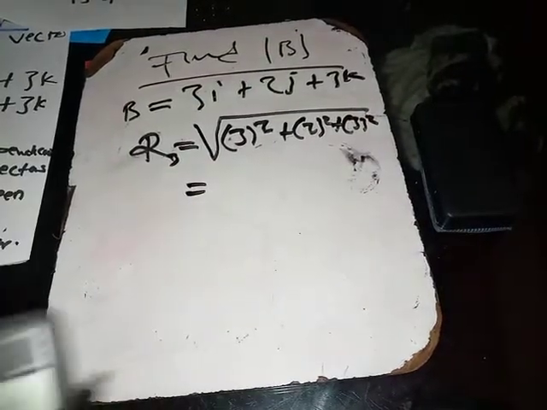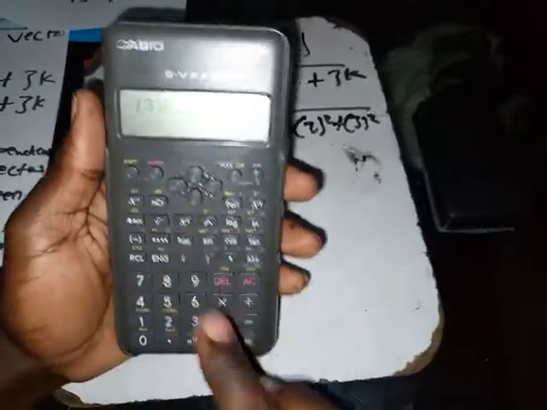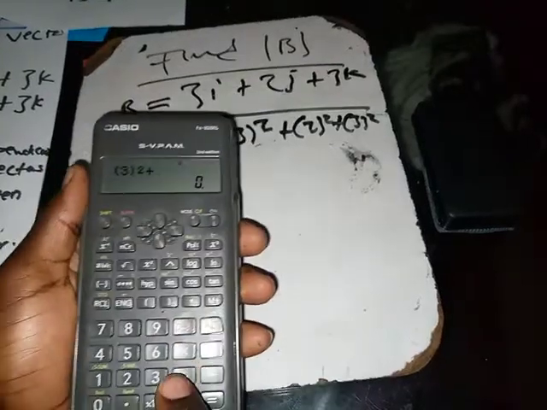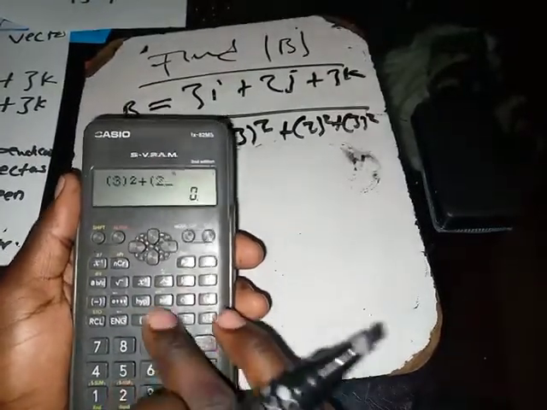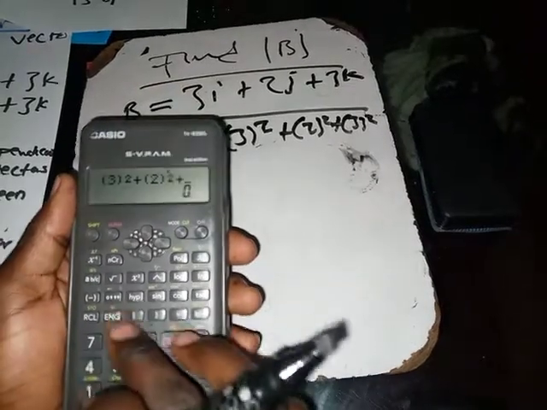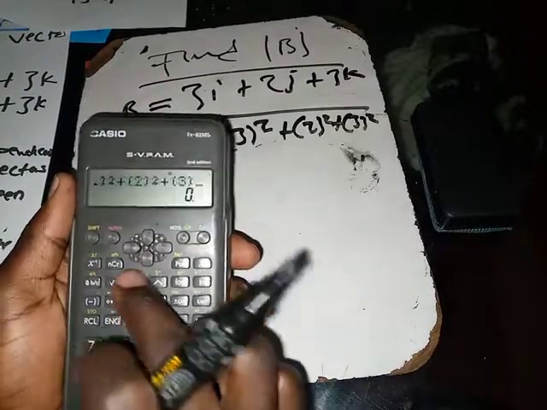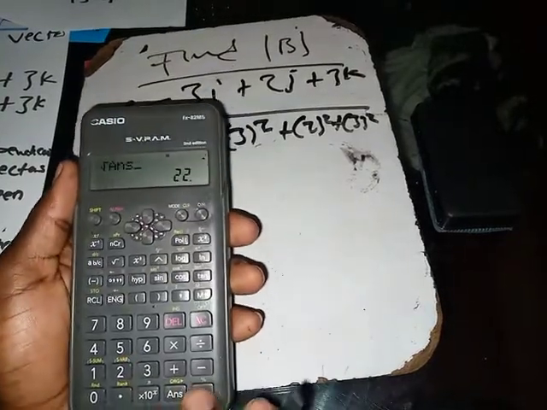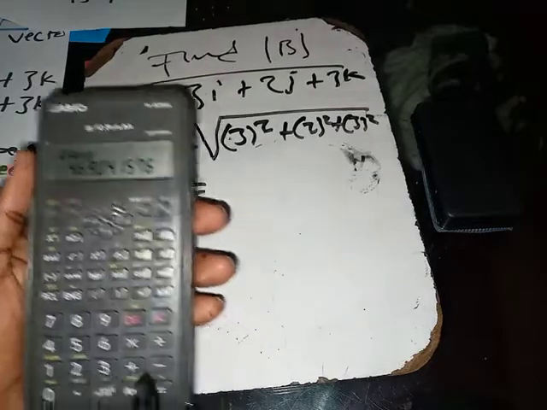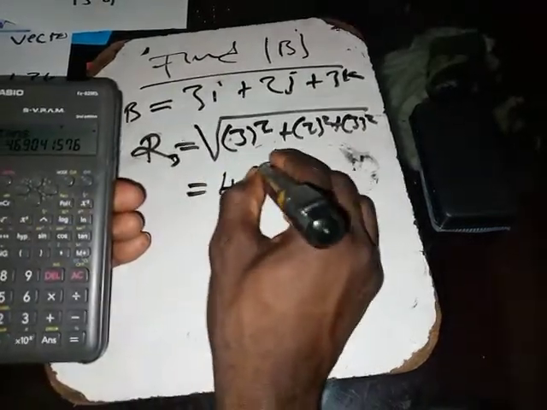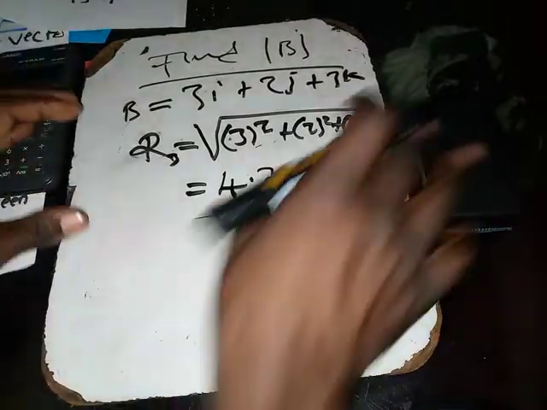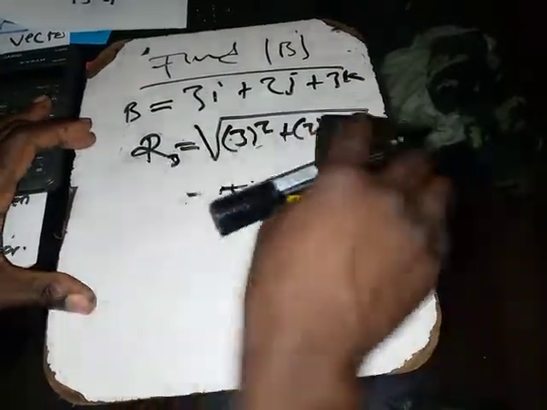When I punch on my calculator, 3 squared plus 2 squared plus 3 squared, I've got 22. Square root of this answer, I've got 4.69, which is 4.7. 4.7 is the magnitude of B. So let's now collect the data all together.